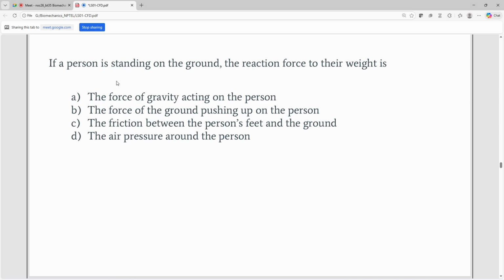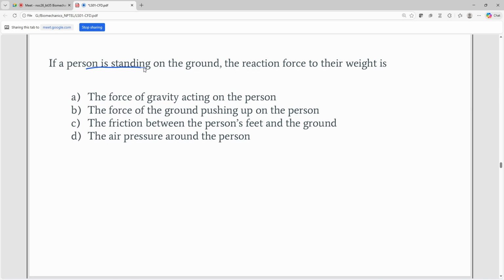Next question. If a person is standing on the ground, the reaction force to their weight is option A, the force of gravity acting on the person. Option B, the force of the ground pushing up on the person. Option C, the friction between person's feet and ground. Option D, the air pressure around the person.